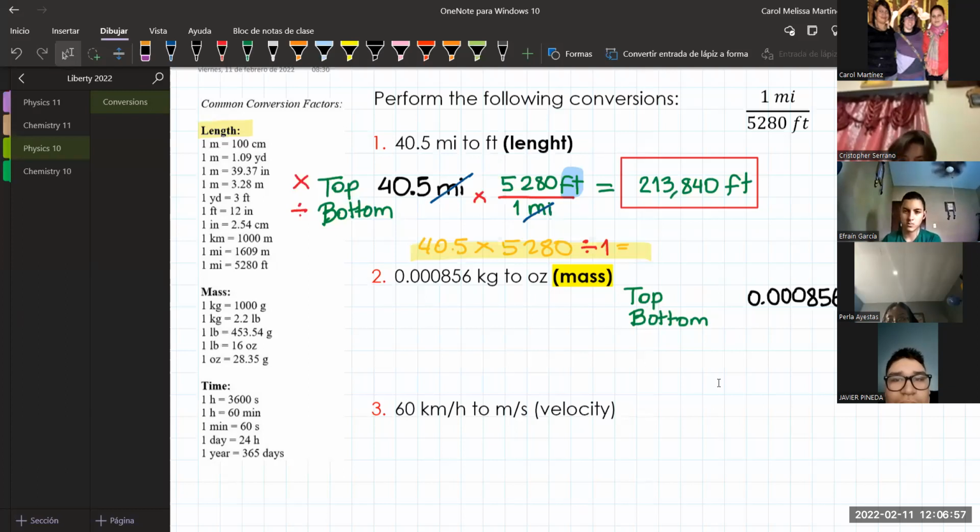I think that first we need to pass it to grams and after to ounces. Exactly. We can do that. There are many ways to do it. One is the one you said, from kilograms to grams and then from grams to ounces. Or you can do it also from kilograms to pounds and from pounds to ounces. It's going to be okay. Doesn't matter the path you choose, but it needs to make sense.